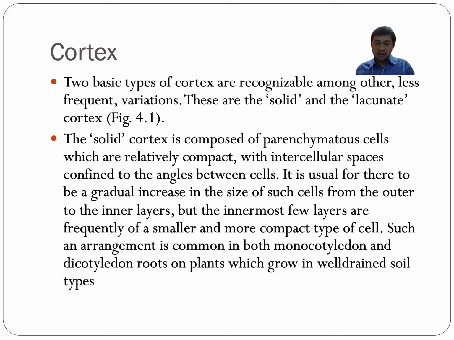It is usual for there to be a gradual increase in the size of such cells from the outer to the inner layers. But the innermost few layers are frequently of a smaller and more compact type of cells. Such an arrangement is common in both monocotyledon and dicotyledon plants which grow in well-drained soil types.